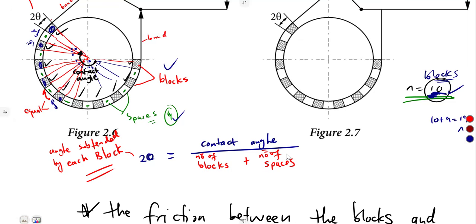Like I said, if we have equal widths for the spaces and the blocks, it means it is 2 theta, 2 theta, 2 theta throughout.